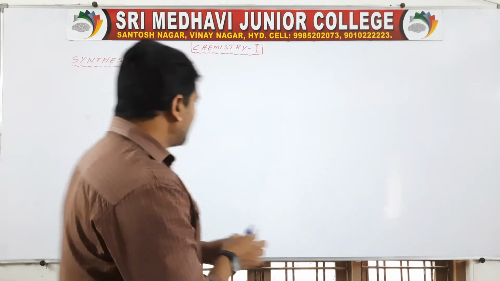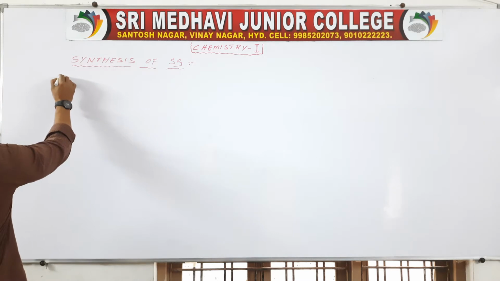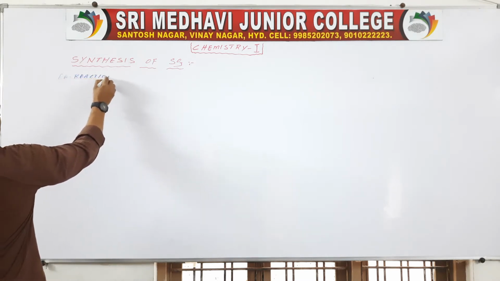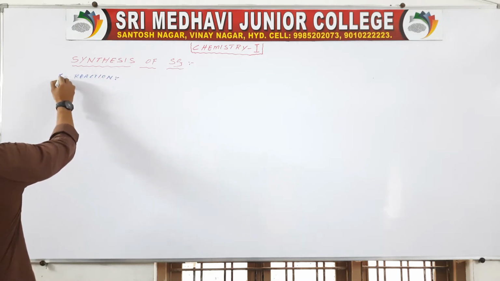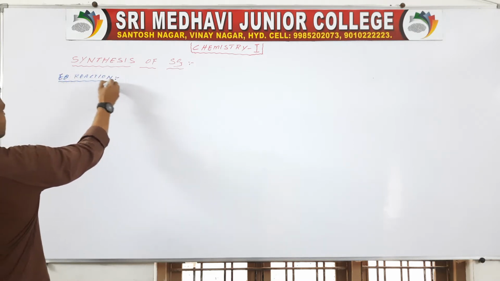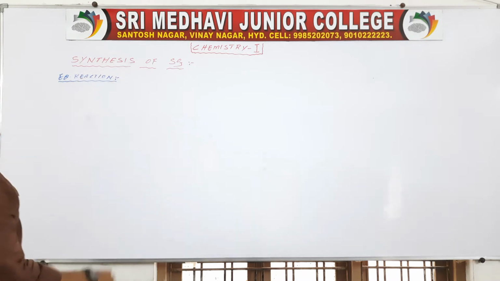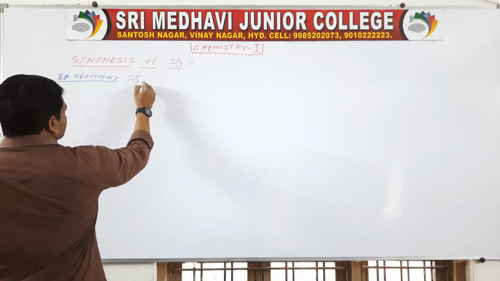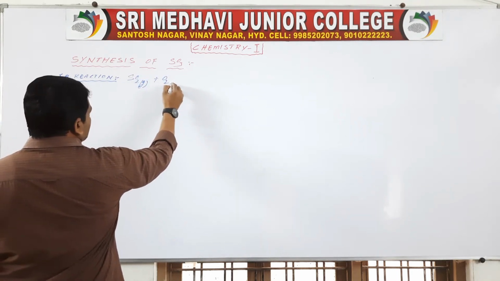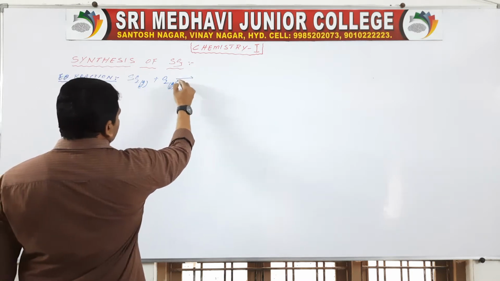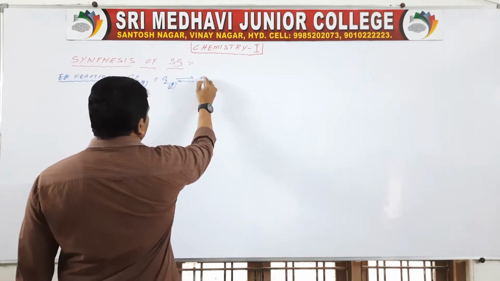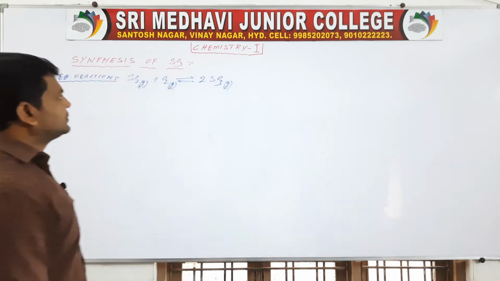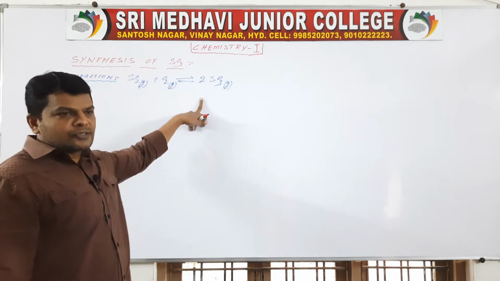So chemical equilibrium you have to know. The equilibrium reaction is SO2 gas plus O2 gas gives rise to 2SO3 gas. Okay, this is an equilibrium reaction, students.